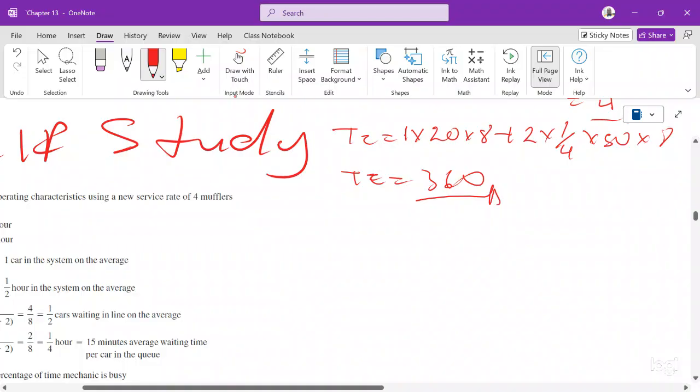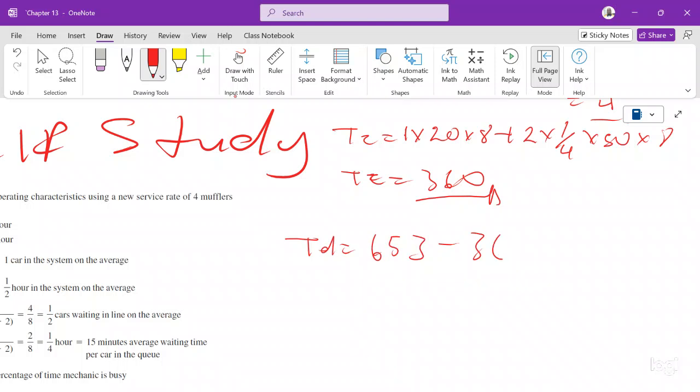So you are interested to know by how much it went down. So the cost difference is 653 minus 360. So if he opts for this, he would save, I think it's 0.33, something like that.